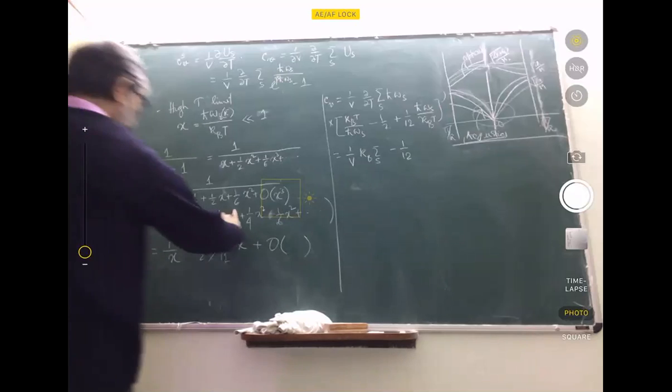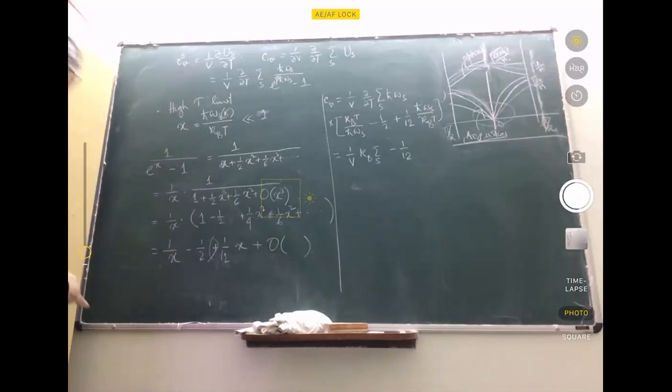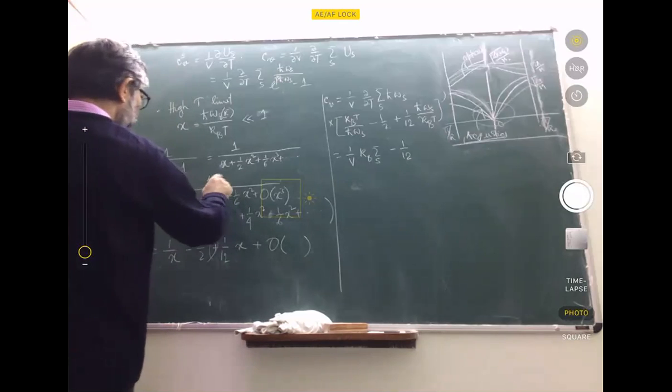X by 2 is not there, you are right. Just 1 second. X by 2 is there, the other term, x square over 6, is not there actually. 1 over x, 1 minus... It's 1 over x minus half minus x by 12. Wait, 1 second. There was an x squared here.